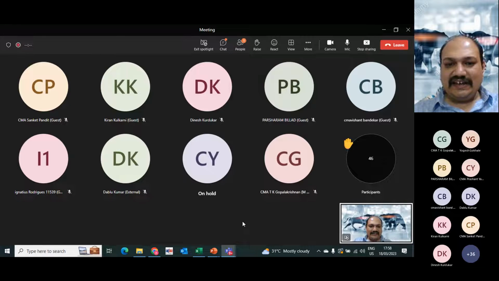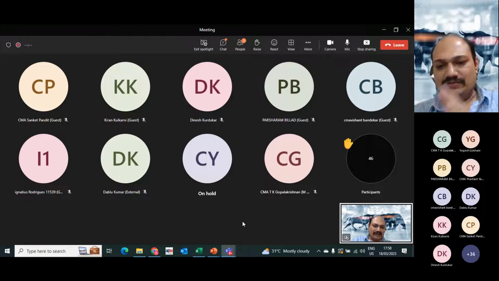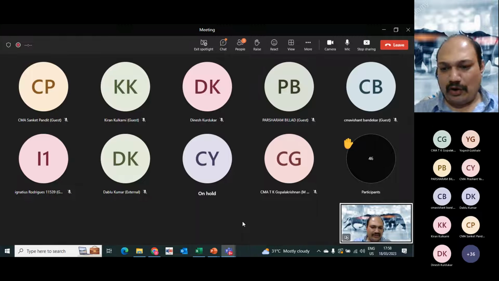In e-margin facility, if you have rupees 100 in your demat account or trading account, you can purchase 100 into 2, or 100 into 3 times, 100 into 4 times, like that. So if you have rupees 100 in your pocket, in short, you can buy delivery of rupees 200 by availing the facility of e-margin. And this facility is normally now available at most of the brokers in India.